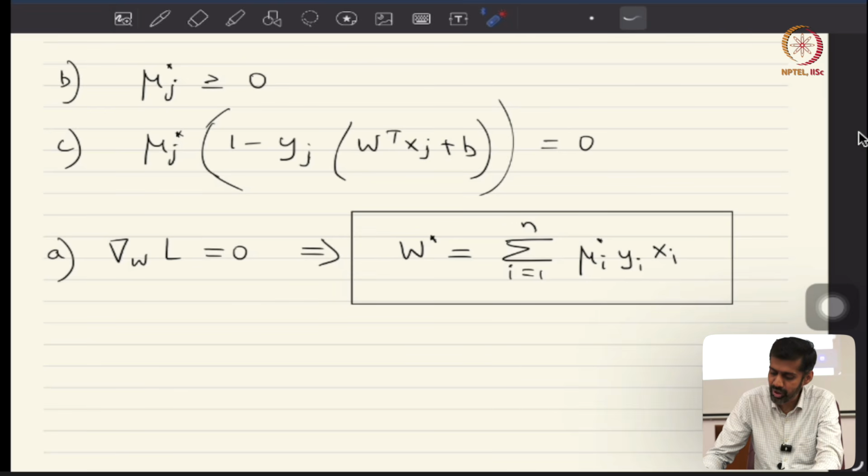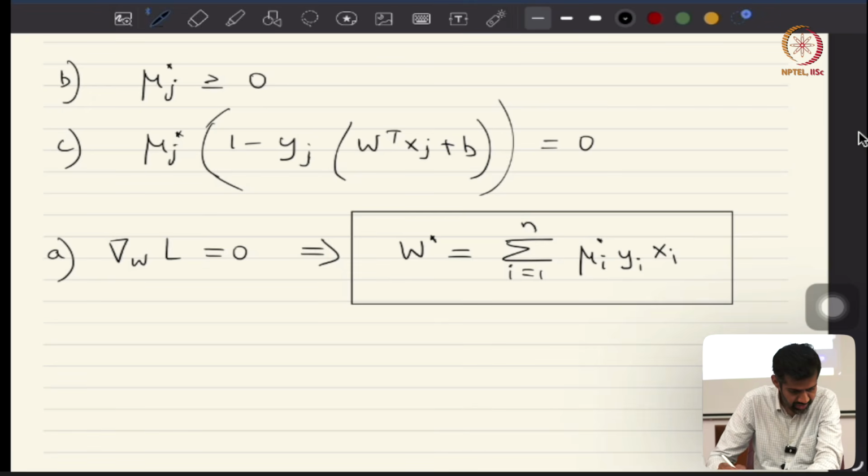So my optimal w is a linear combination of x_i. In fact, it will not be a linear combination of all x_i's, because for some x_i's mu_i will be 0. So this is a linear combination of all those data points for which mu_i is non-zero, and those data points are called support vectors, and you will see that those data points are the ones that lie on the margin. We will see that algebraically when we do that, but basically the idea is that the optimal parameters are simply a linear combination of a few data points scaled by the Lagrange multipliers.